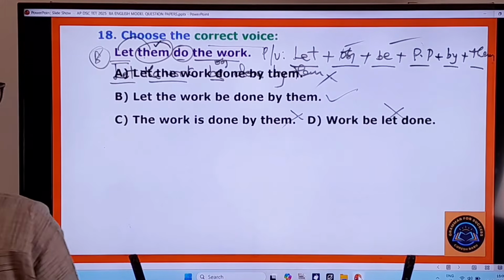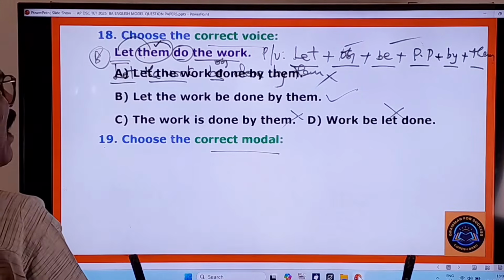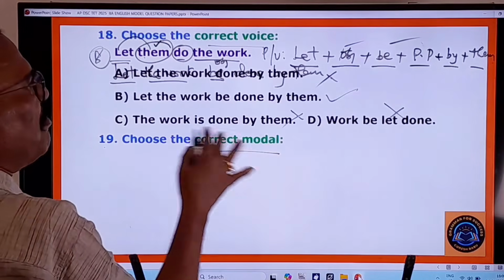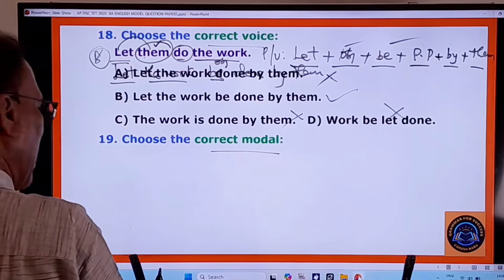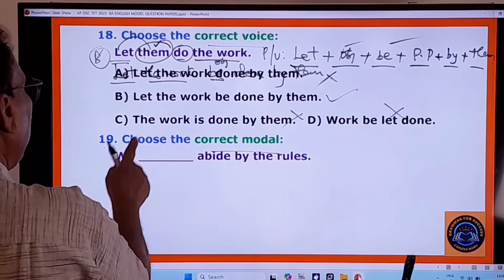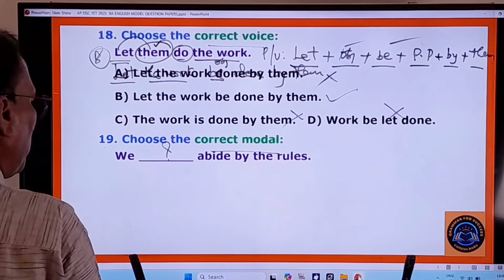Now you move on to the 19th question. Choose the correct modal. Modal means modal auxiliary. What are the modal auxiliaries? Should, would, can, could, may, might, must. These are the modal auxiliaries. So let us look at the given sentence: We dash abide by the rules. What modal auxiliary should be used in this blank?